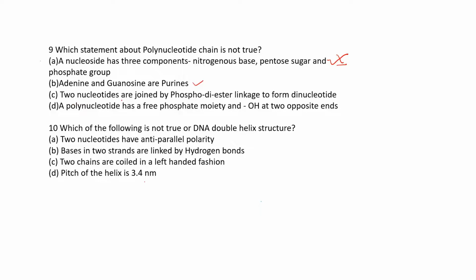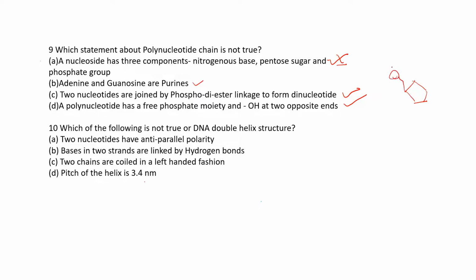Two nucleotides are joined together by phosphodiester linkage to form dinucleotides, which we have already referred to in the first question. So this is also a correct statement. A polynucleotide has free phosphate moiety and hydroxyl at two opposite ends. So that is also a correct option. If we draw the structure of DNA, it will appear like this.